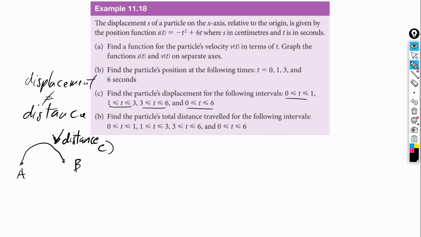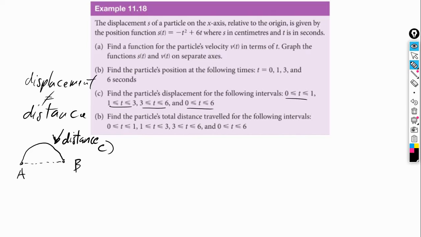You traveled all that distance to get from A to B. But in reality, your displacement is this distance here. The displacement is the actual change in position that you had from beginning to end, or in the interval. So it's a change in position.